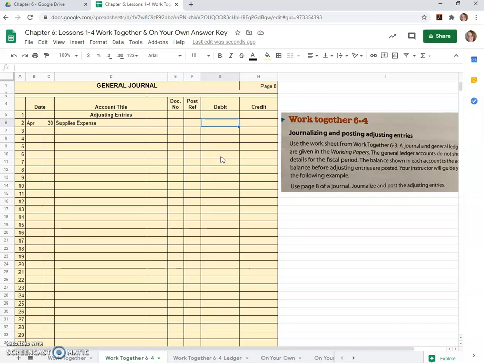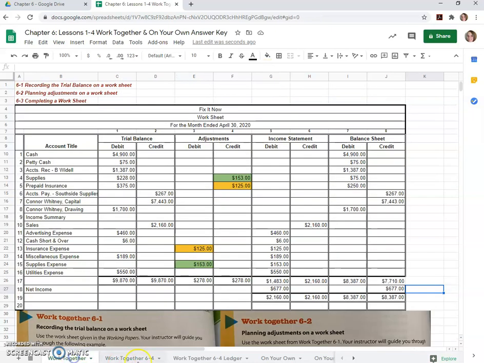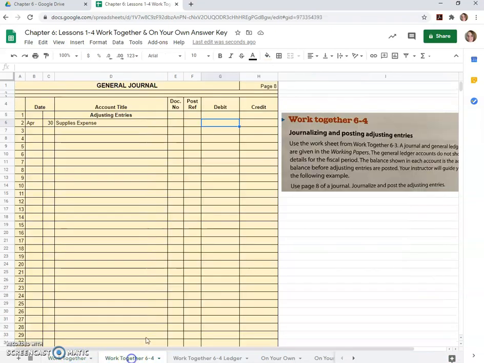So our debited amount, I believe, was $153. Wasn't that what I said? Yep, $153. And our credit is going to be to the supplies, so we'll space it over a little bit, and we'll do 153 there as well.